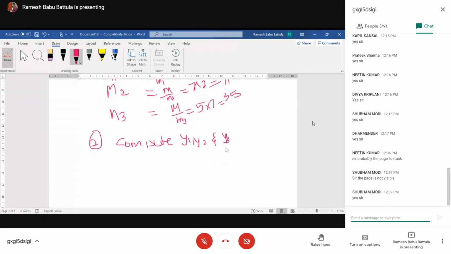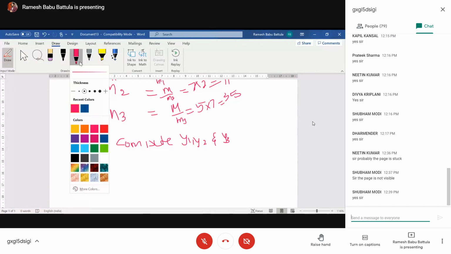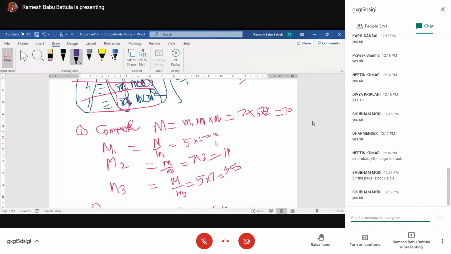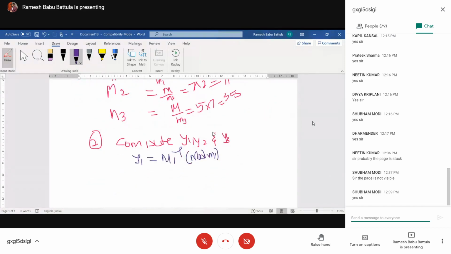How will we find the y1, y2, y3 values? Very simple. Here we need to write y1 is equal to capital M1 inverse of mod small m1. Capital M1 inverse means we choose 10. So what is the value here? 10 inverse mod 7.